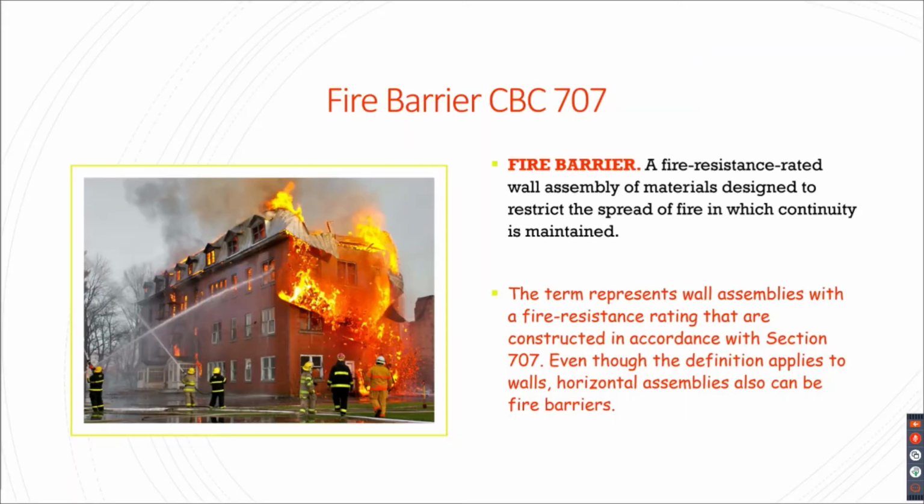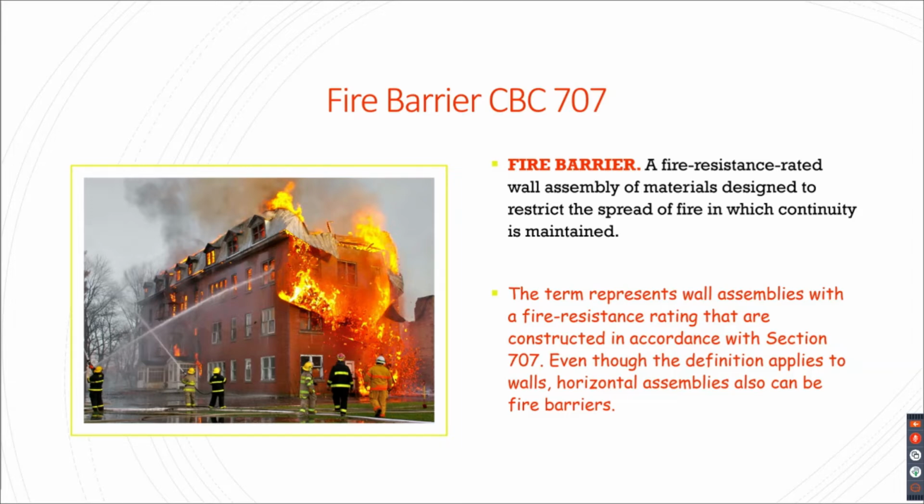So we have fire barriers. The definition for fire barriers: a fire-resistance-rated wall assembly of materials designed to restrict the spread of fire in which continuity is maintained. The term represents fire-resistance-rated assemblies that are constructed in accordance with 707. So even though the definition applies to walls, remember that horizontal assemblies can also be fire barriers.